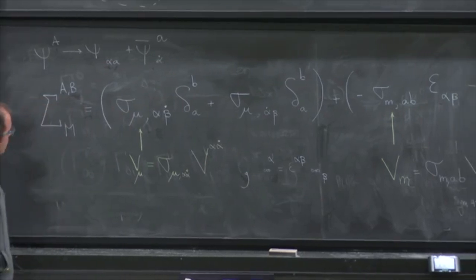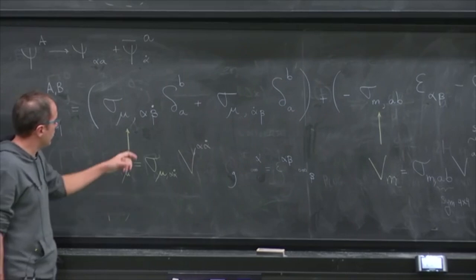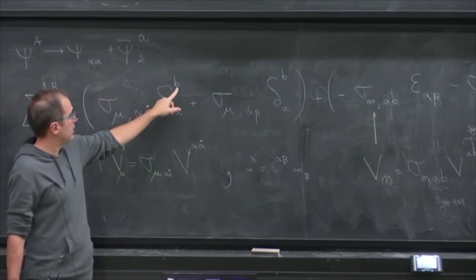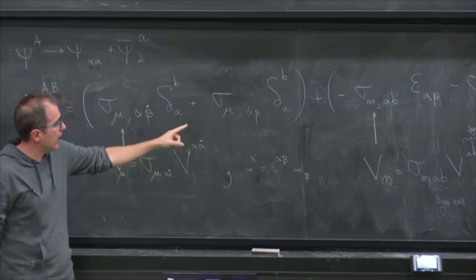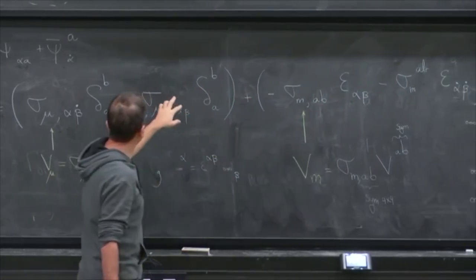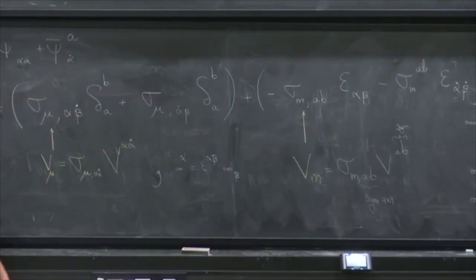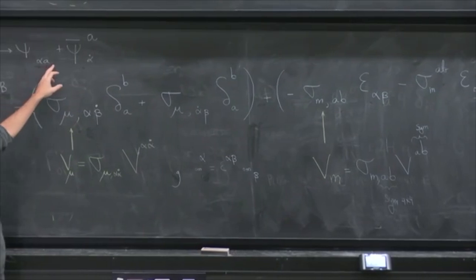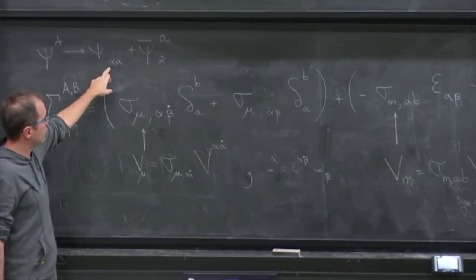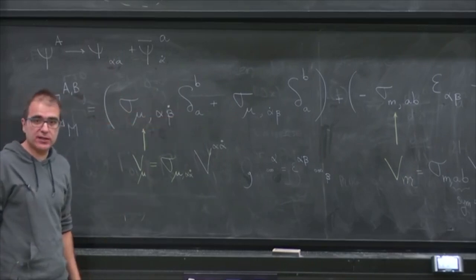So let's digest a little bit this decomposition. Here you see that you have indices that can be A or B, can be up or down. If both are up, it's here. If both are down, it's here. And if one is up and one is down, it's these terms here. Similarly, when one is up, one is down, you have one alpha dot. That's the first term. When both are down, you have two alphas. When both are up, you have two alpha dots. That's the last term.